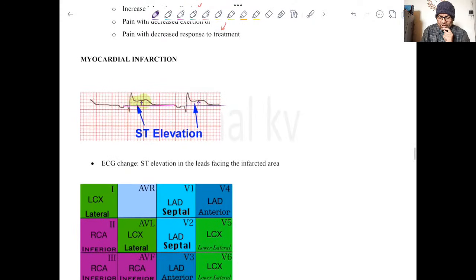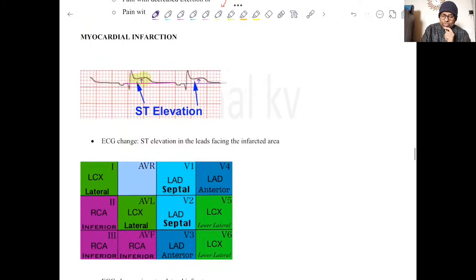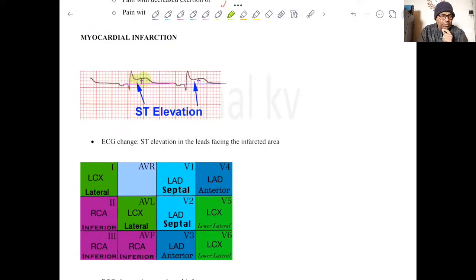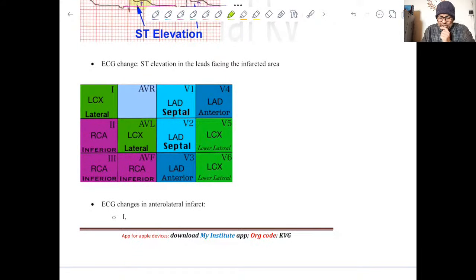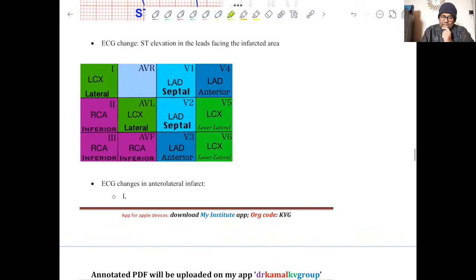Now in a question you might have to answer the site of MI. For that you need to read the entire 12 lead ECG, and based on the ST segment elevation you can answer whether it is lateral, anterior, septal, or inferior. Suppose for example I have taken anterolateral infarct.